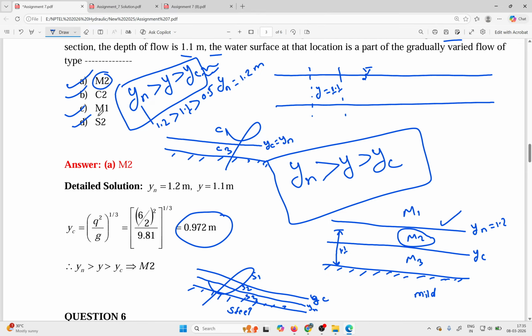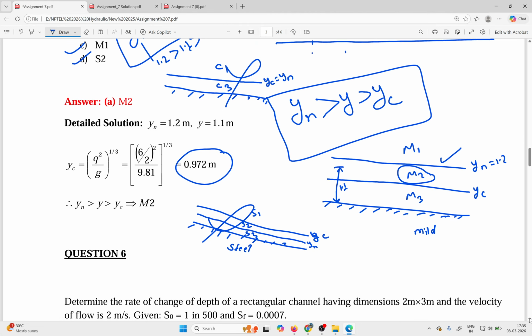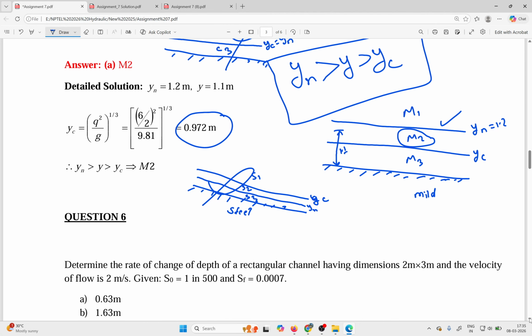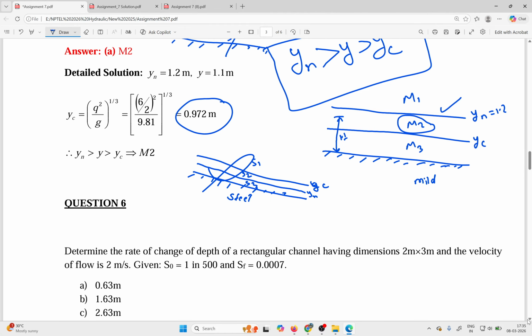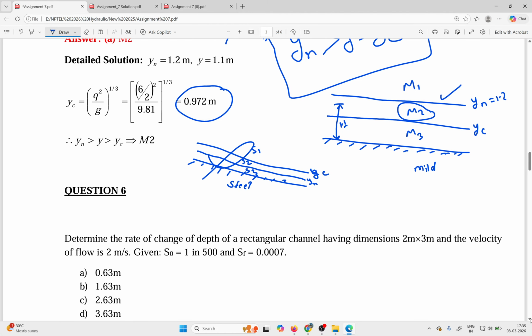Okay. So now let us move on to the next question. Very easy question. Yes, again you have to calculate something. So let me just read the question very clearly.